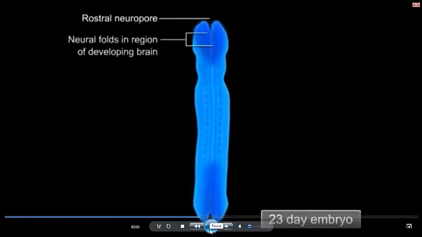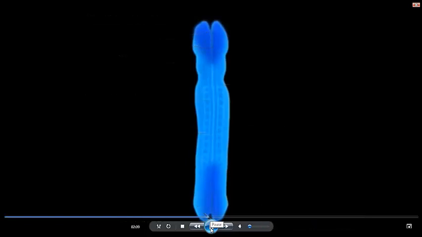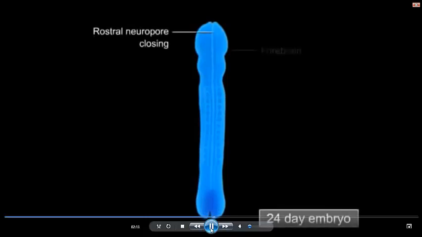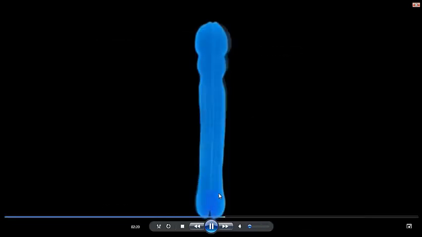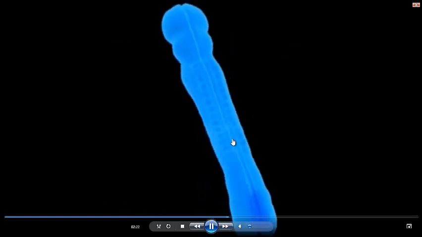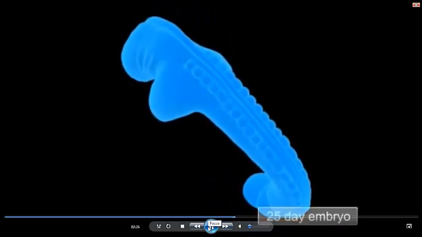Okay, and now you have the formation of the neural tube. Now the fusion is complete. These are the dilations that I mentioned at the cranial end, which are going to become the brain. And then obviously it's narrower down here, so this is going to become the spinal cord.